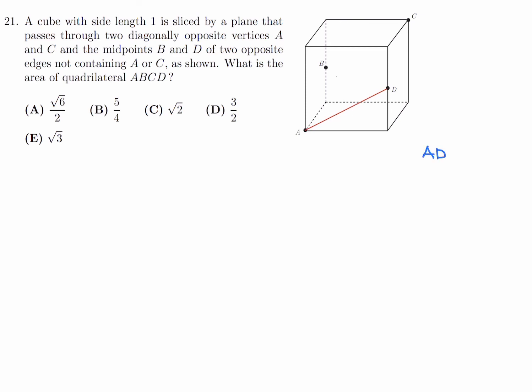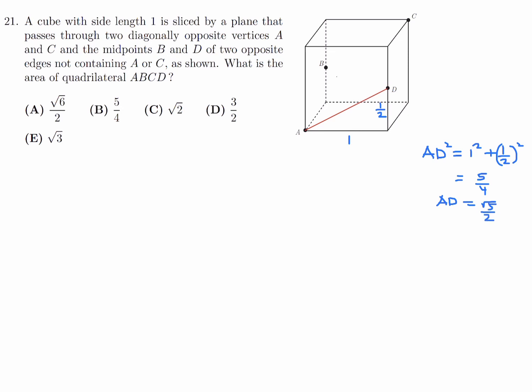AD squared will be, this is 1, this is a half because D is the midpoint. So 1 squared plus 1/2 squared, and this is 5 over 4. So AD is equal to root 5 over 2.